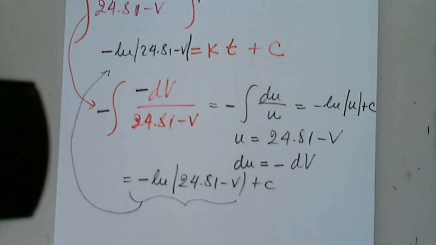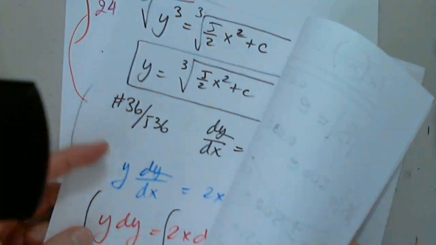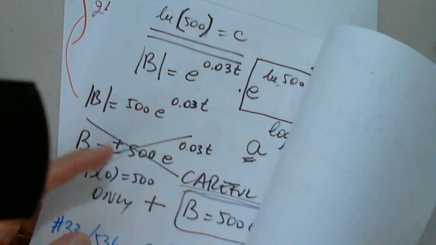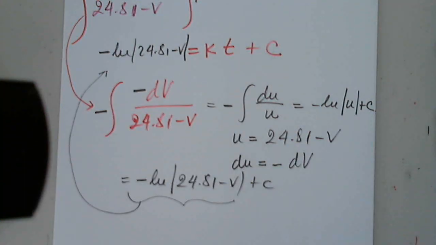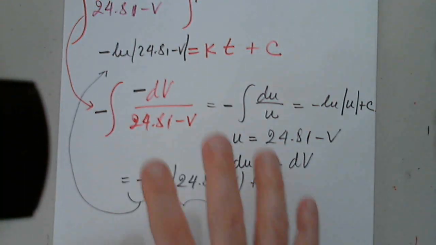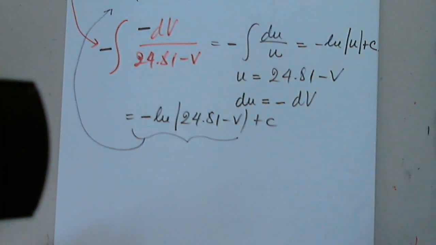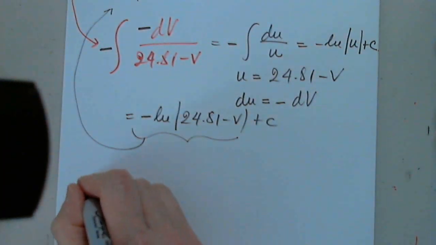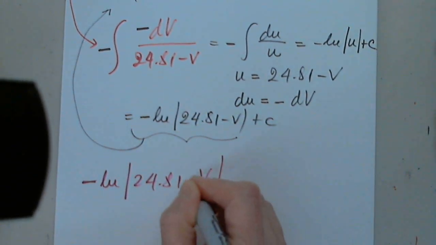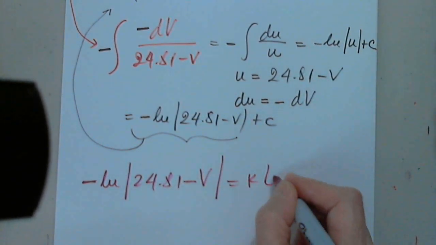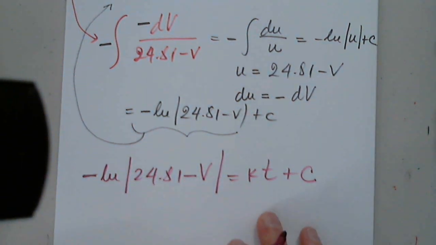So this particular problem is similar to this one, right? The first one, the sophisticated one with solving the logarithmic equation. So I'm going to copy this again here. Negative natural log of 24.81 minus v in absolute value equals kt plus c.